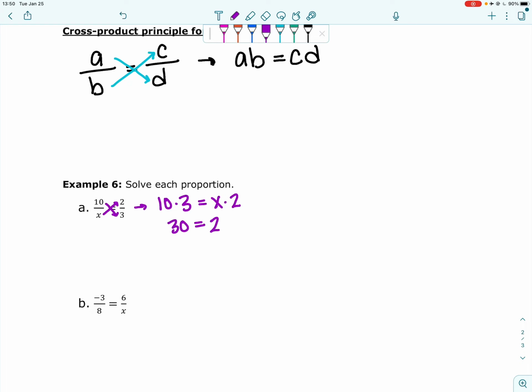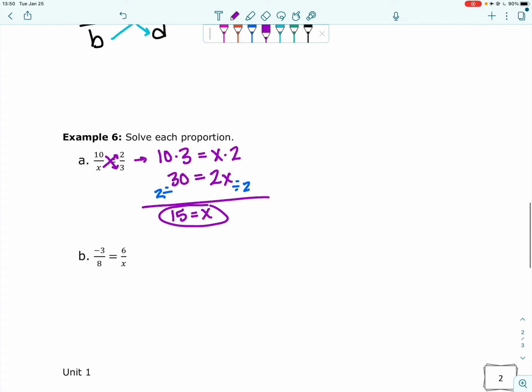I'm going to write this as 2x because that looks a little cleaner. I want just one x, so I'm going to divide both sides by 2. 30 divided by 2 is 15. x equals 15. You could check this by doing 10 over 15 in your calculator and 2 over 3 in your calculator. They should be the same decimal. That's one way to check it.